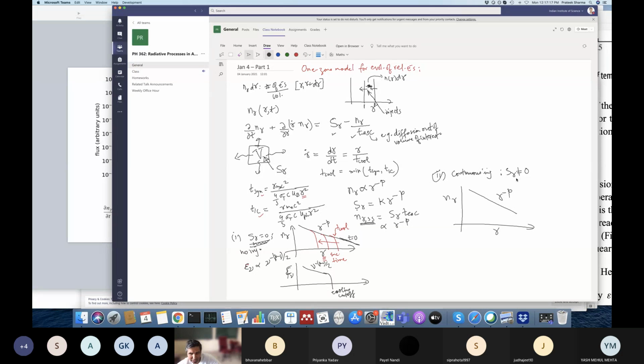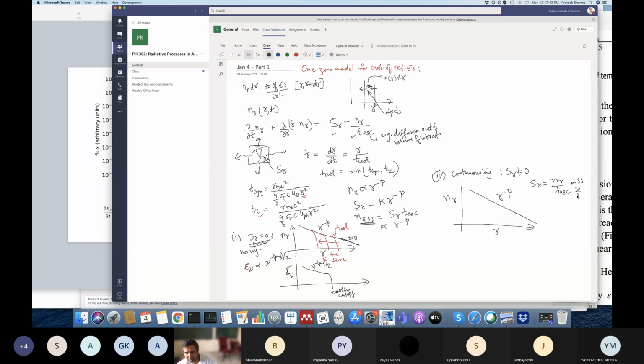Here you are continuously injecting particles with this gamma to the minus p. What will be the effect of cooling on this situation? That's the question. S gamma equals n gamma by t escape in steady state.